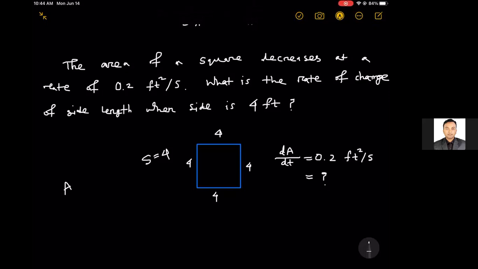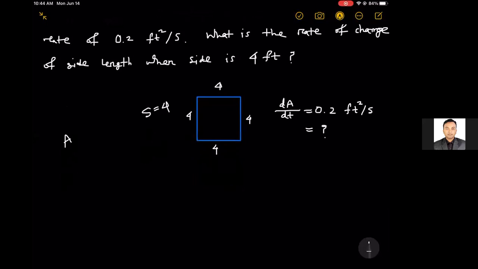Just give it a try. If the side length is S, what's the rate of change of the side? Would be ds over dt. ds over dt, exactly. So we're actually looking for ds over dt. Do you agree?